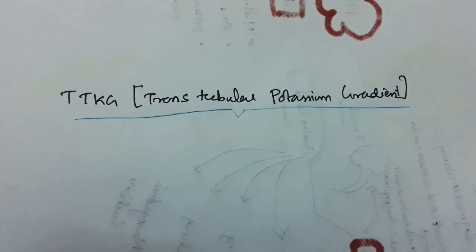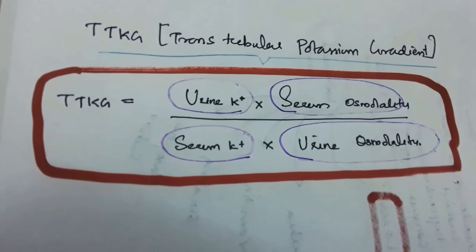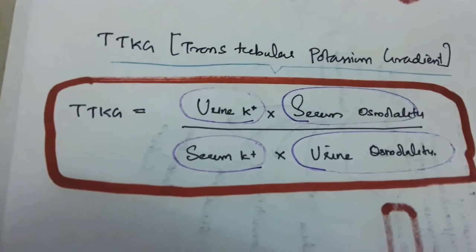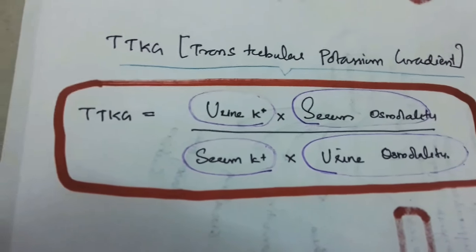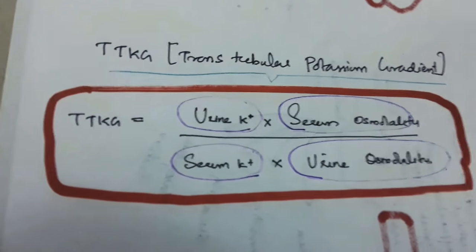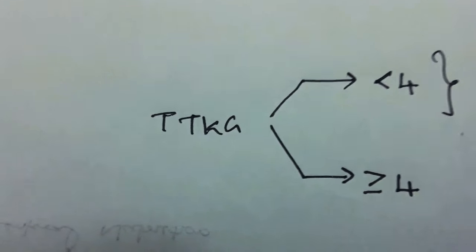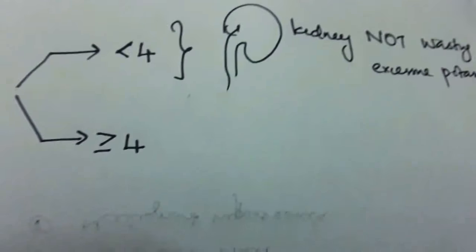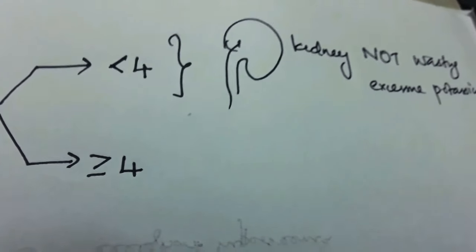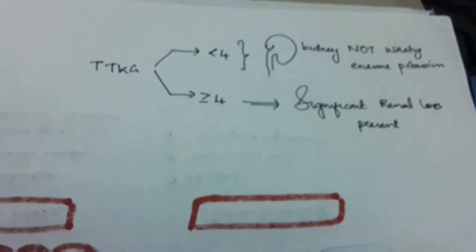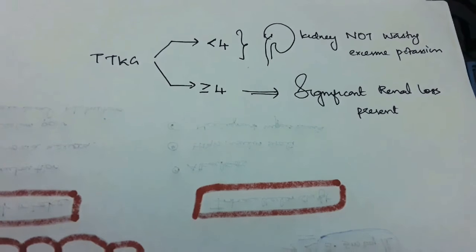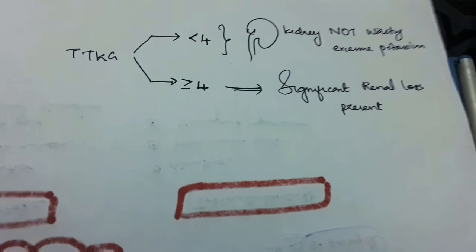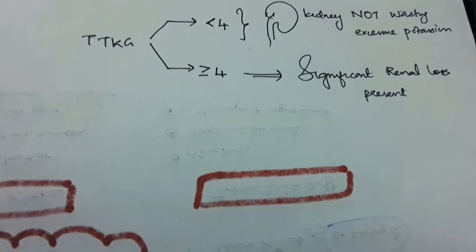Transtubular potassium gradient is equal to urine potassium times serum osmolality divided by serum potassium times urine osmolality. If transtubular potassium gradient is less than 4, we can say that the kidney is not wasting excess potassium. And if it's more than or equal to 4, there is significant renal loss present.